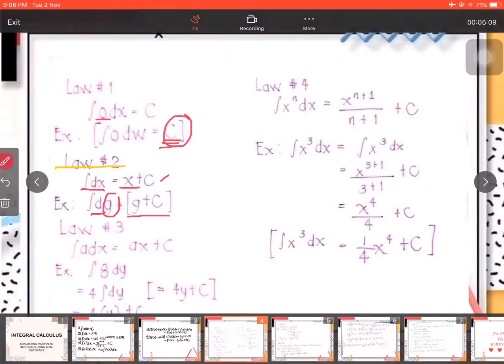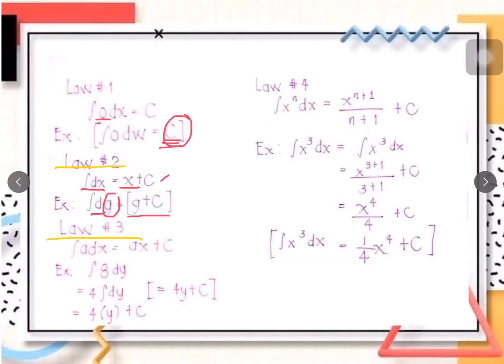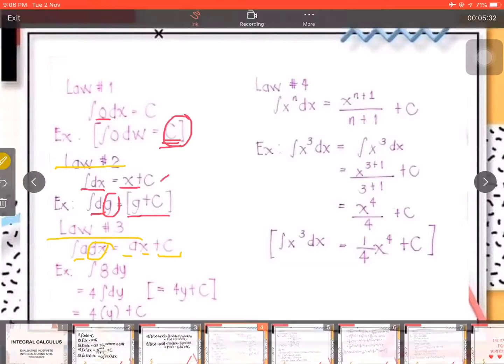Law number 3, if we integrate a, our constant, dx, then integrating dx gives x, so the answer is a times x, where a is our constant, plus our arbitrary constant c.